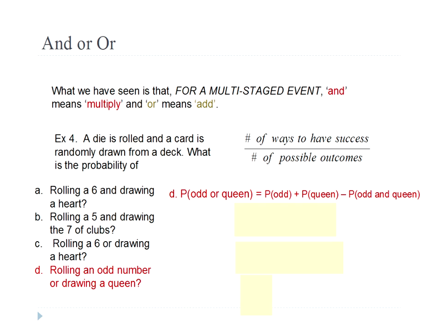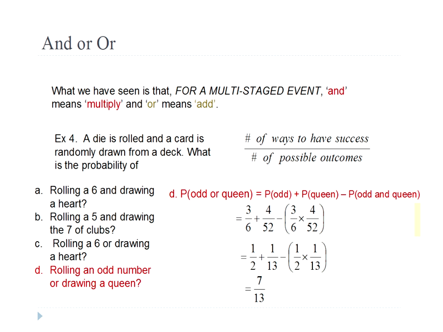Probability of rolling a queen, there are 4 queens in the deck of 52 cards. Minus the probability of both happening, the and there means to multiply, so I'd multiply those fractions. Again, I can reduce those, and I can solve. And so there's a 7 over 13 chance of rolling an odd number or drawing a queen.